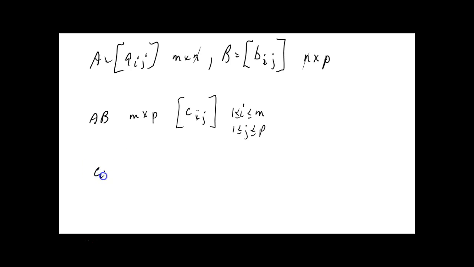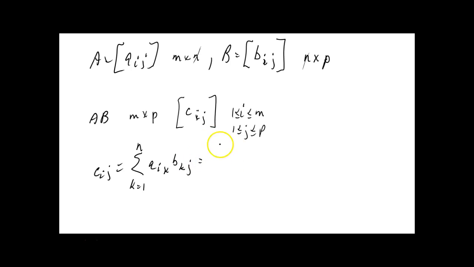And that Cij, I'll write this down: the sum for K equal 1 to N of A_IK times B_KJ.